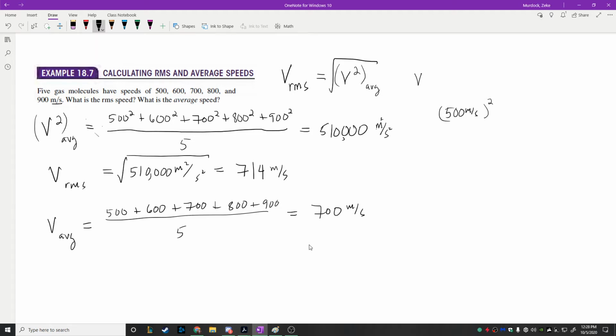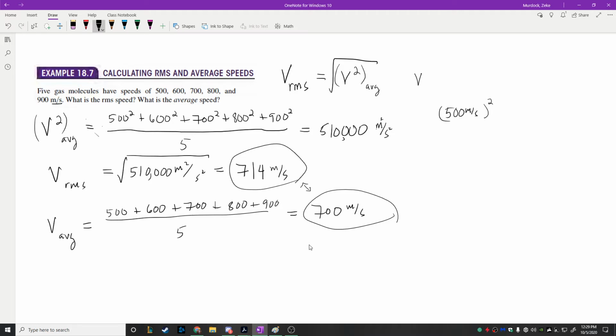Because 500 plus 900 is 1,400, and 600 plus 800 is 1,400. So the numerator is going to be 3,500 divided by 5, which is 700. So that's the average speed. That's the RMS speed. They're not the same thing. It's important to understand these are not the same.